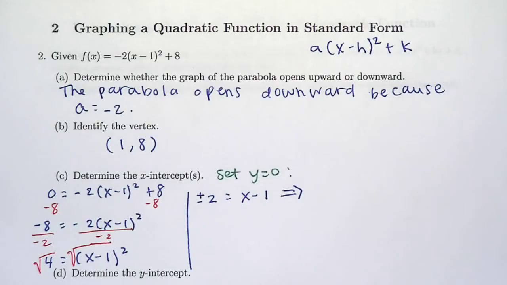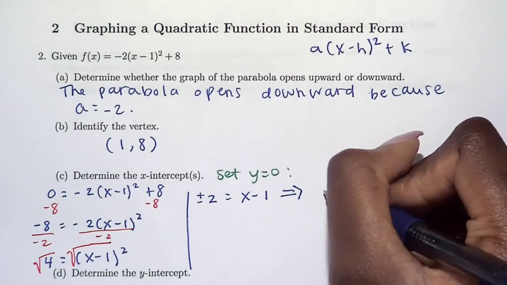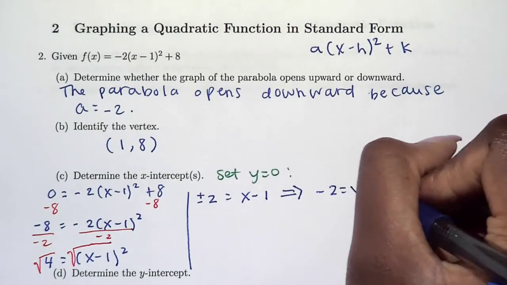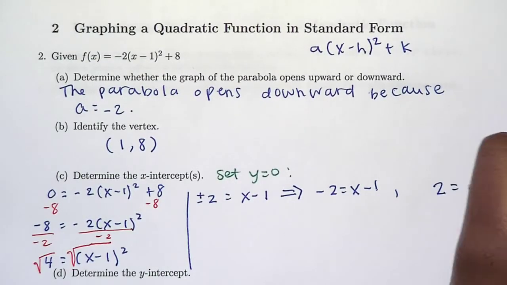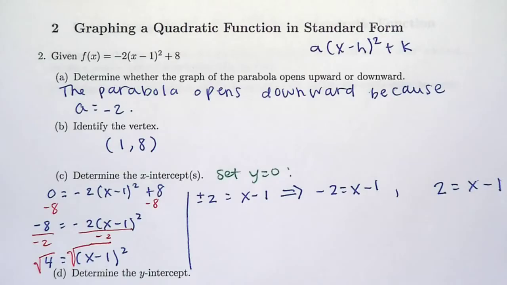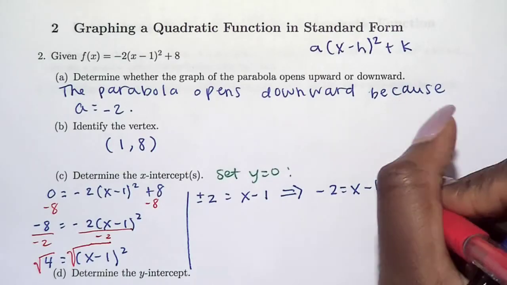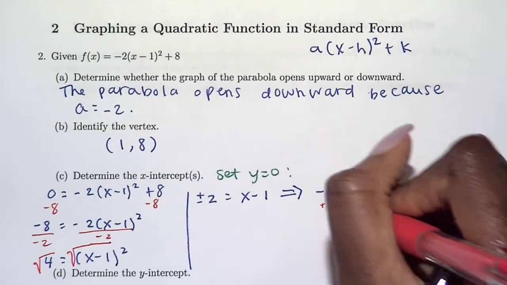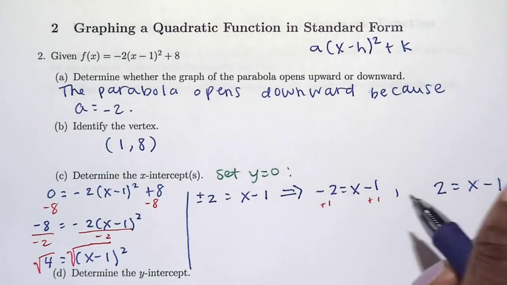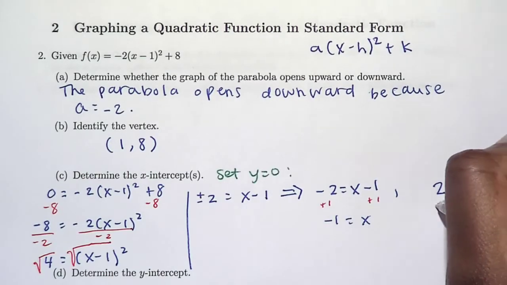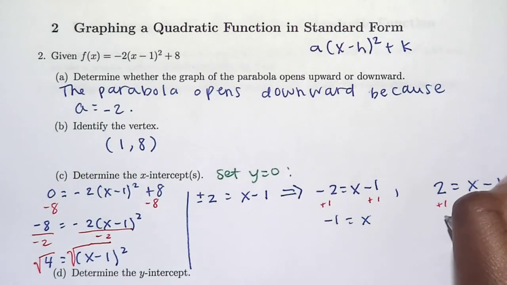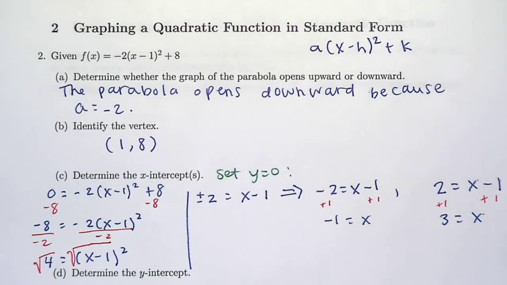I'll put a little arrow here that says we need negative 2 equals x minus 1, and we also need positive 2 equals x minus 1. All right, and so we solve. x is negative 1, and x is 3.